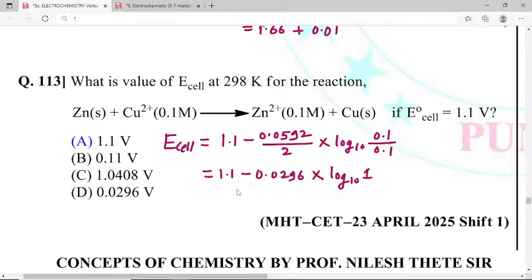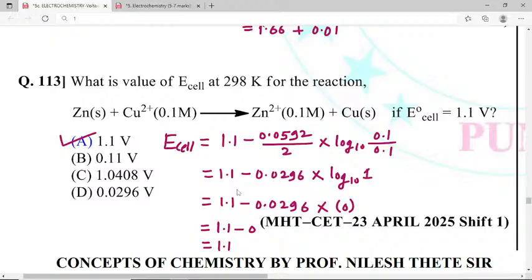Log 1 is 0, so 0.0296 multiplied by 0 becomes 0, and 1.1 minus 0 is equal to 1.1.